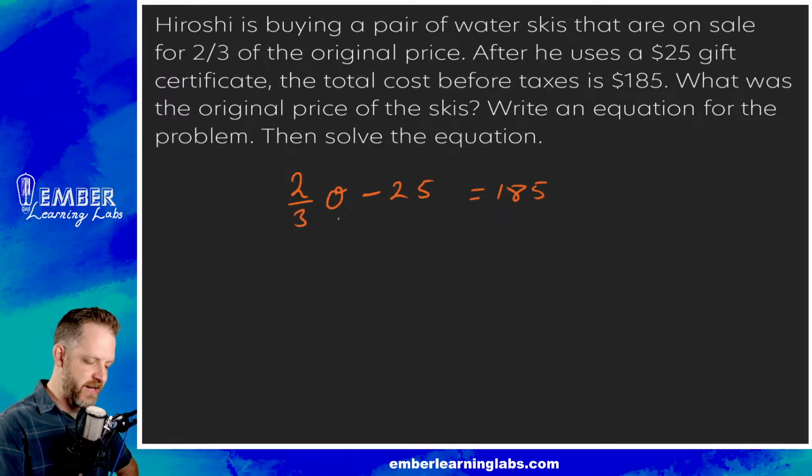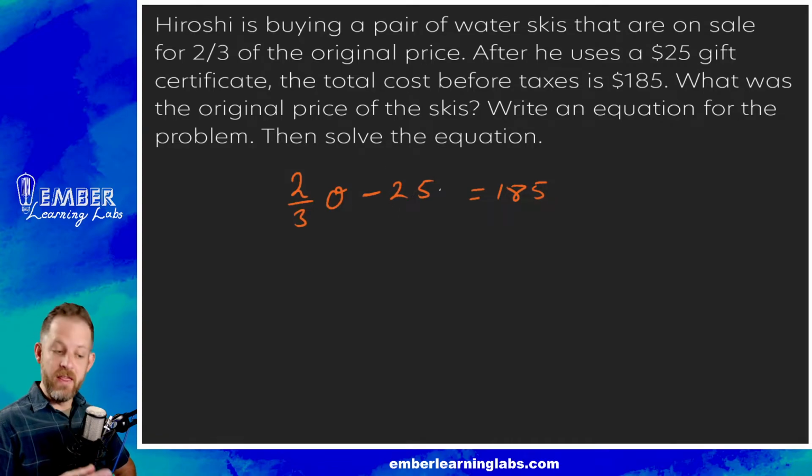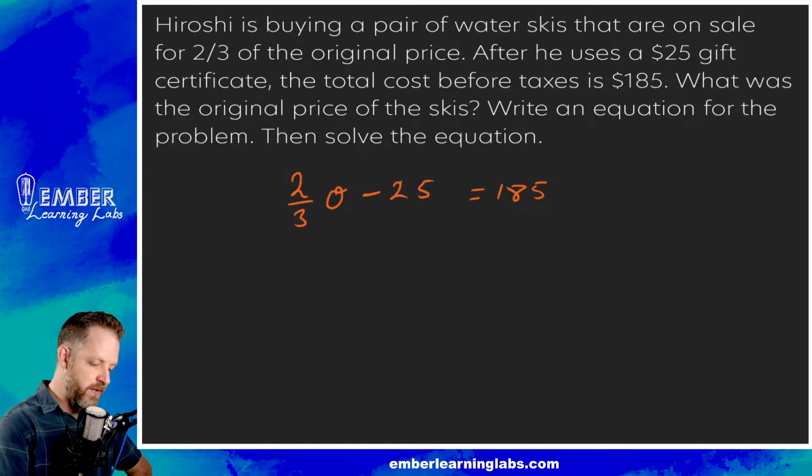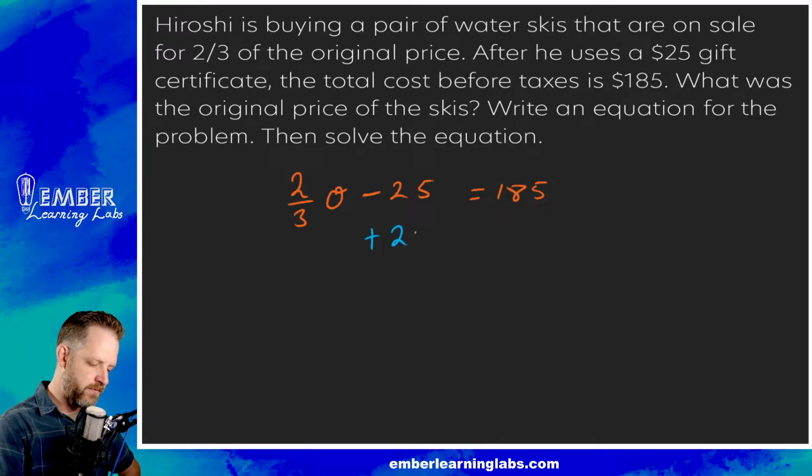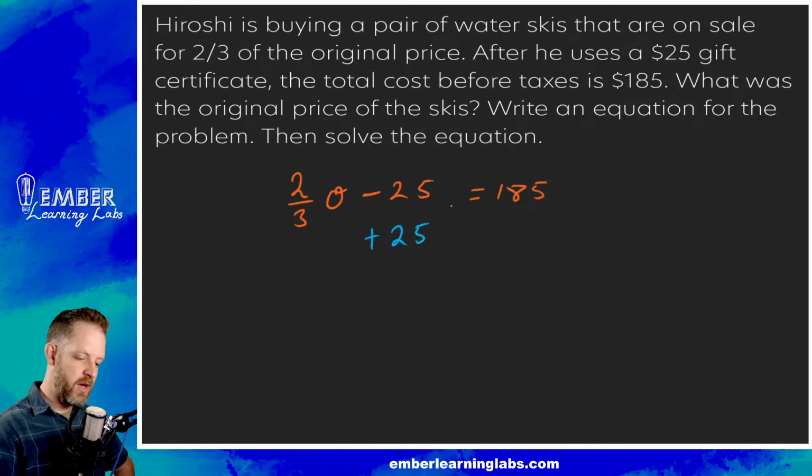All right. What's attached to the O? 2/3 is, and the minus 25. Now, this one, since that division, multiplication isn't on everything, we're going to go ahead and take care of addition, subtraction first, just like I said before. So this 25 is subtracted from the O. So to get rid of it, we're going to add 25. If we got to do it to that side, we're going to do it to this other side over here.